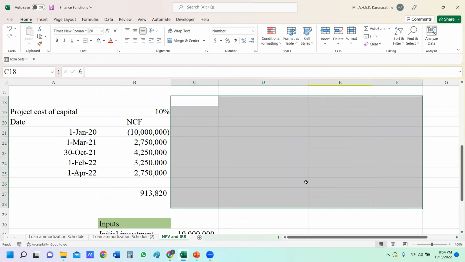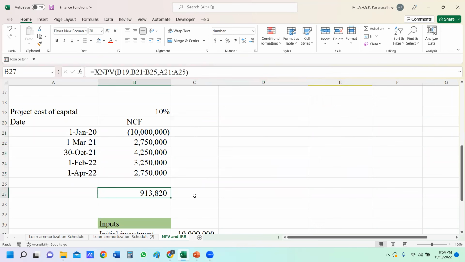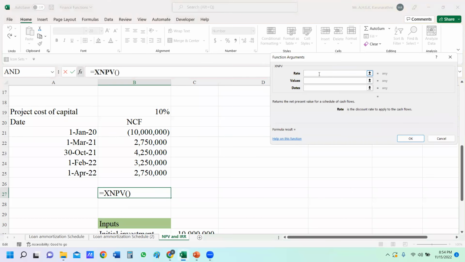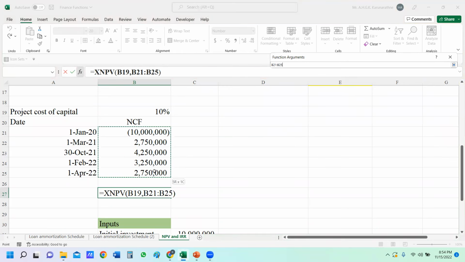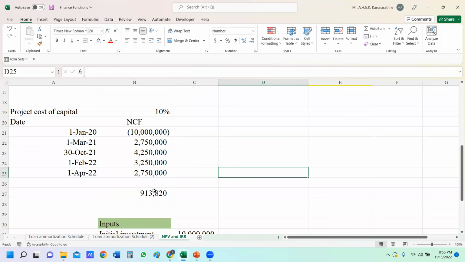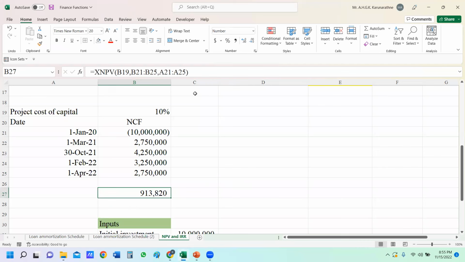Again, how did we do it? Equal. Type XNPV, then it appears. Click on this, go to the dialog box, show the rate like this, show all the values, unlike the plain NPV, and show the dates like this. Within a few seconds, it computed. This is your NPV. That is for irregular cash flows, right?